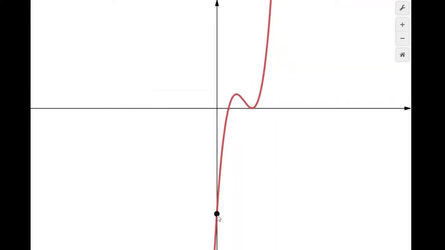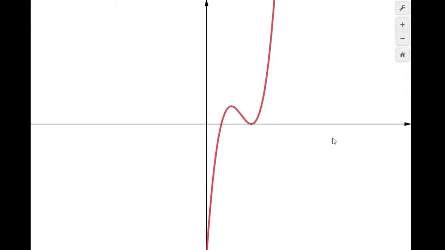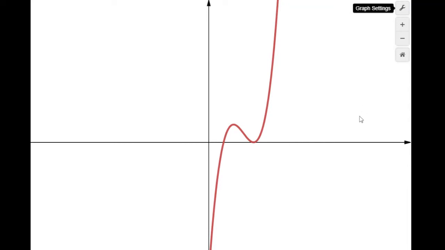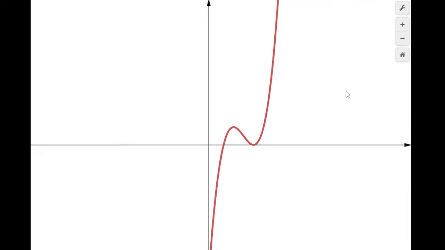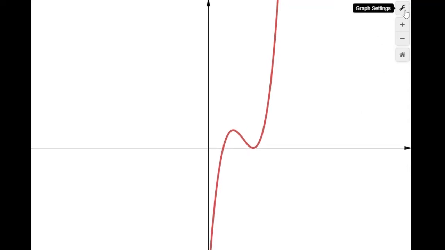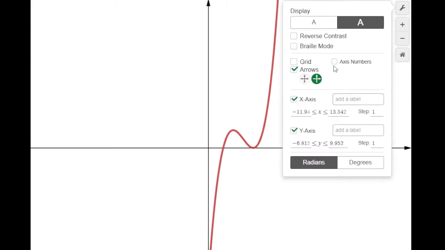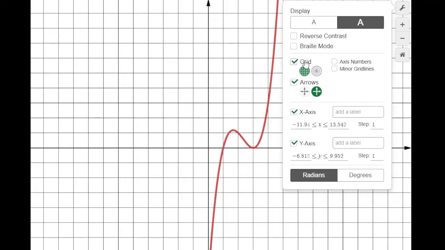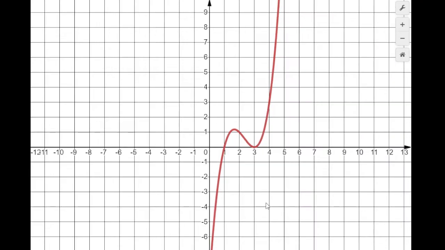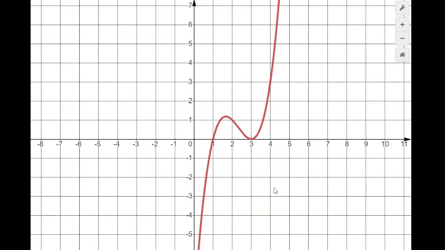This was that y-intercept, the vertical intercept. We don't need that any longer; I'm going to put it away. Now I'm going to put in the grids. I've been hiding the grids throughout all that time, but now I'm going to put the grids back. Okay, so this is the grid. And I'm going to put the numbers on the axis. Now the answer all of a sudden becomes a little more clear.